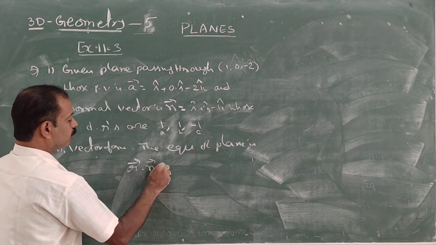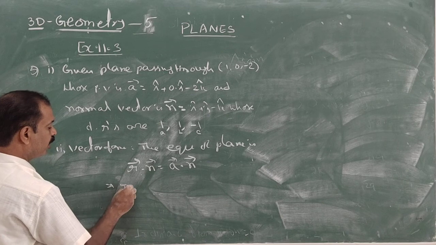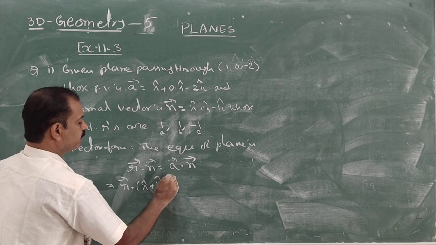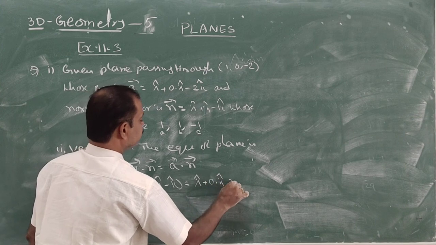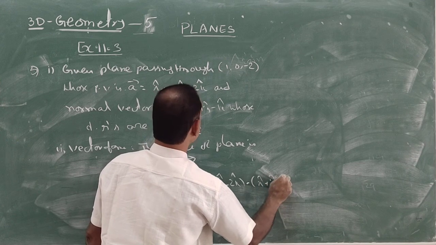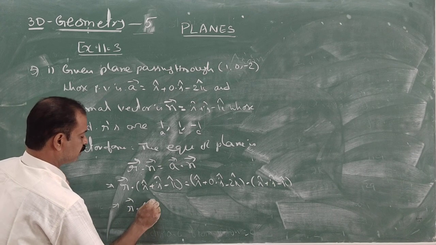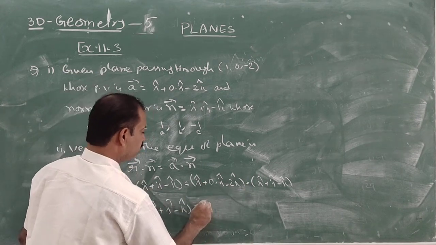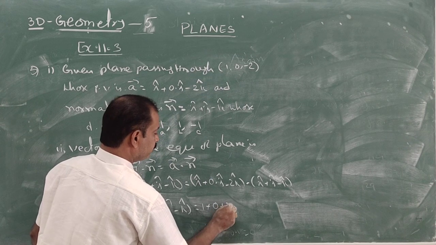So r dot n is equal to a dot n, which implies r dot (i plus j minus k) is equal to (i plus 0j minus 2k) dot (i plus j minus k). Which implies r dot (i plus j minus k) is equal to 1 into 1 is 1, 0 into anything is 0, minus 2 into minus 1 is plus 2.